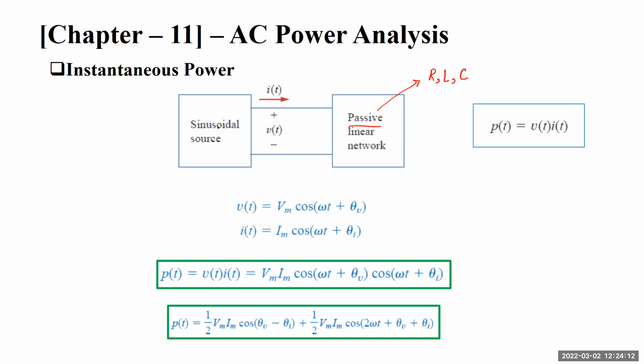So if a sinusoidal source is connected to a passive linear network, or in an easy way an RLC network, the power can be given as V of t times I of t, where the voltage appearing across it is Vm cos of omega t plus theta v, and the current through the network is Im cos of omega t plus theta I. The overall power can be given as this, and this power can also be written in this fashion.